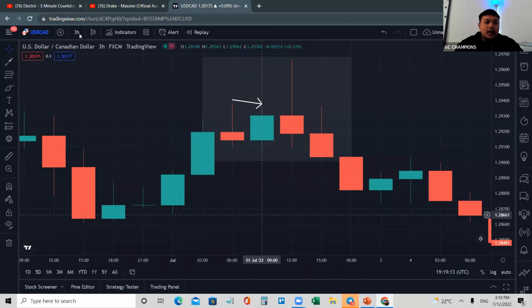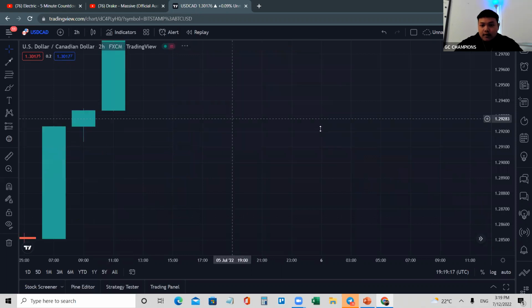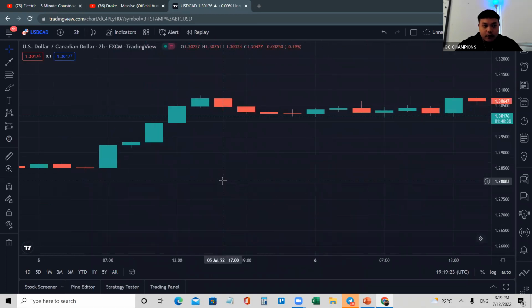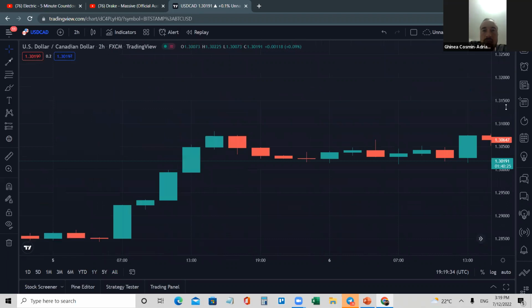If I switch it to 2 hours, it will switch to a 2-hour time frame. As you can see, the time on the bottom also changes, 15, 17. So each candlestick represents a certain time movement in the market.